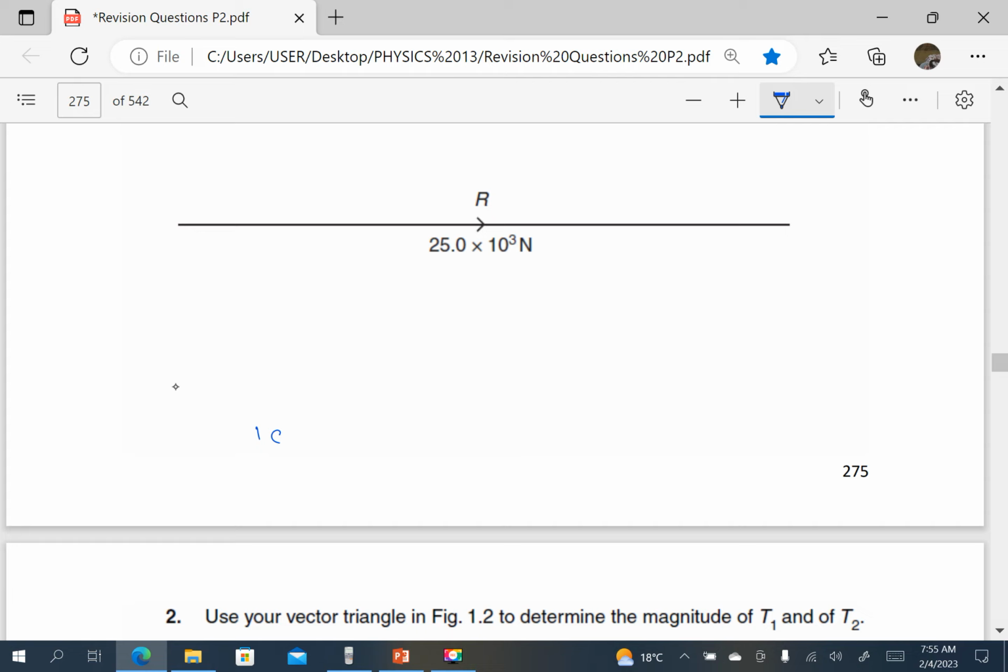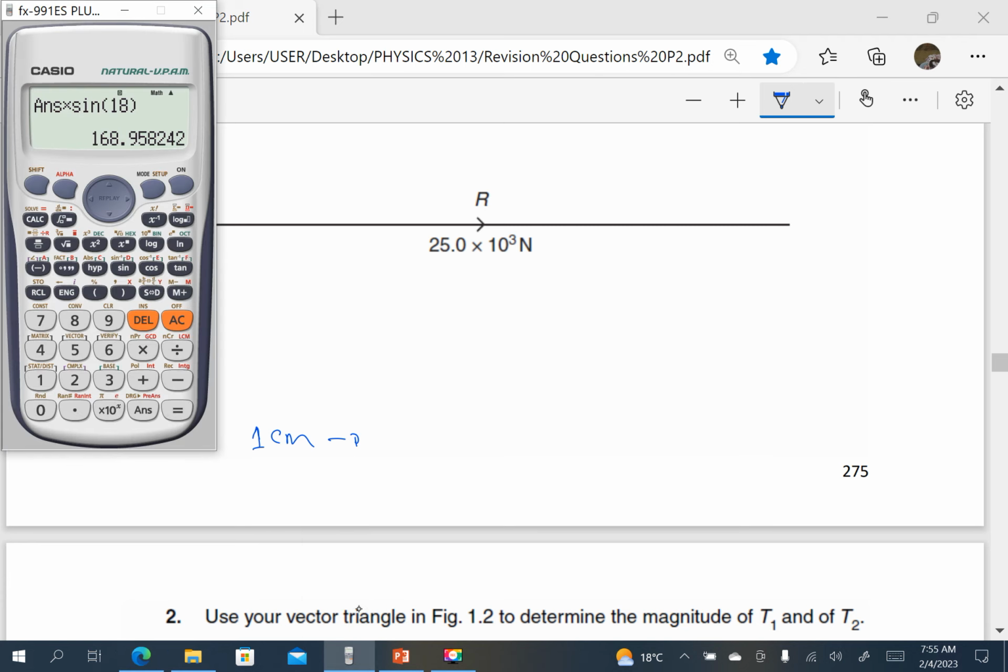Using a scale, let me see, 25,000 divided by 5,000, that is 5.